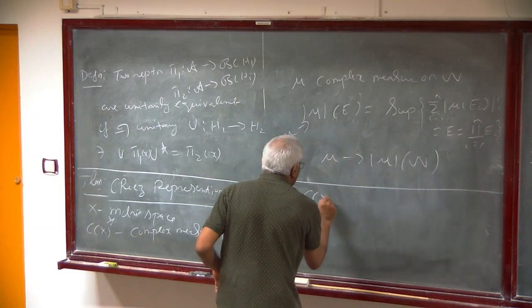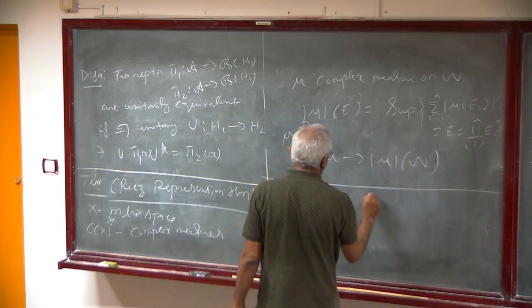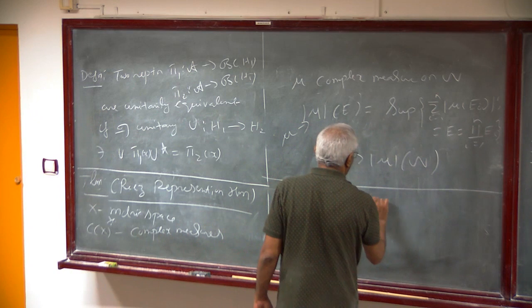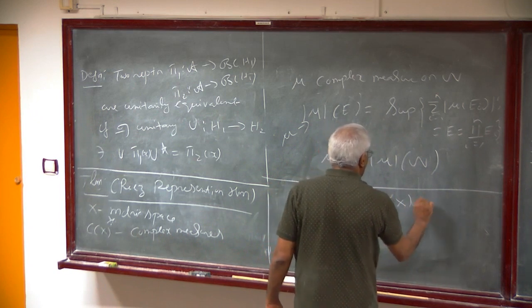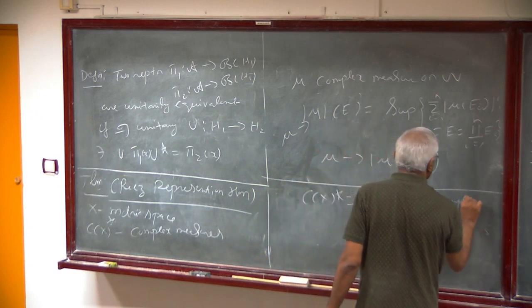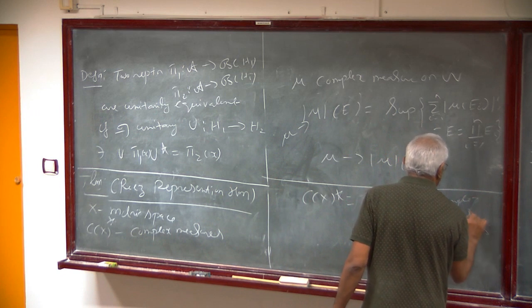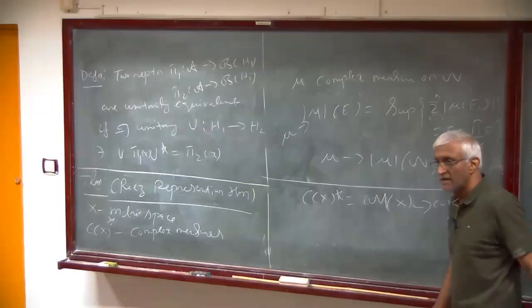So C(X)* is all complex measures on X, which is usually defined as M(X), all complex measures. Of course, this is just an association.